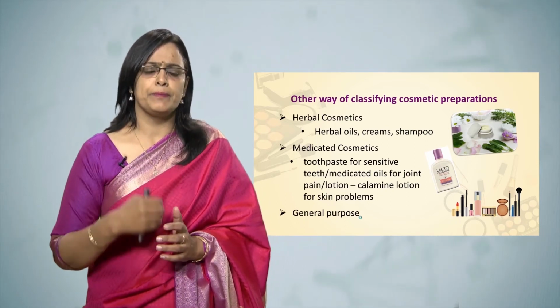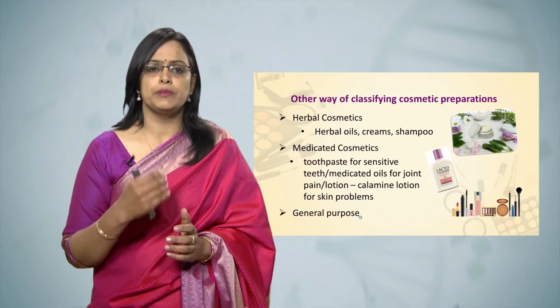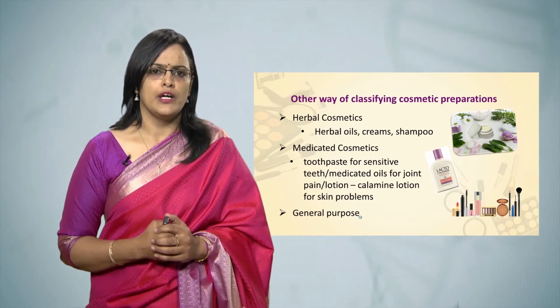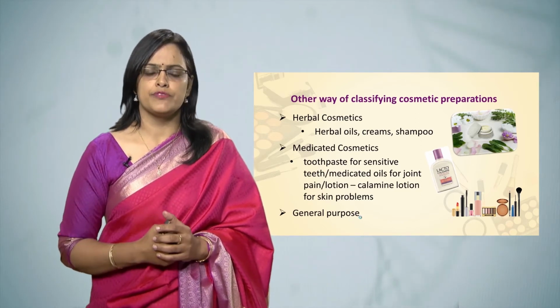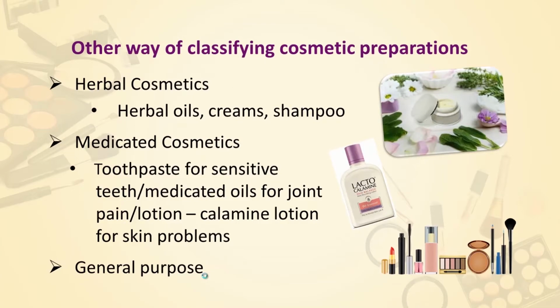And for skin preparations, you can take the example of calamine lotion, which is used for different types of skin problems. The other class of cosmetics is general purpose cosmetics. All the other cosmetics used for general purposes are considered just to be cosmetics.